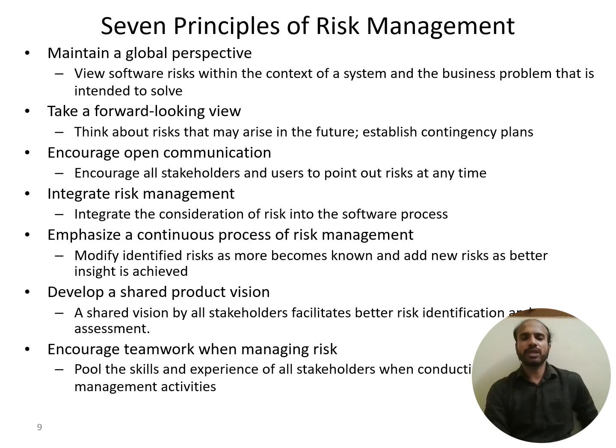So with that said, you can see the 7 principles of risk management. It begins with maintaining a global perspective, taking a forward-looking view, encouraging open communication, integrating risk management, emphasizing a continuous process of risk management, developing a shared product vision, and finally, encouraging teamwork when managing risk.